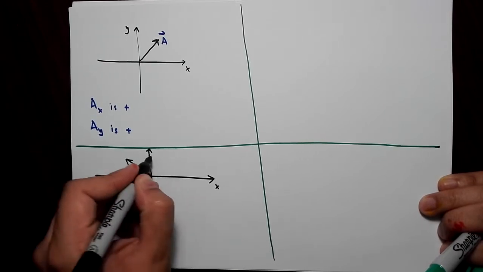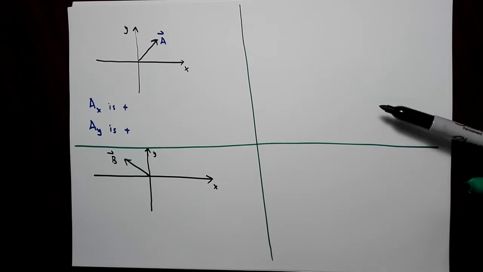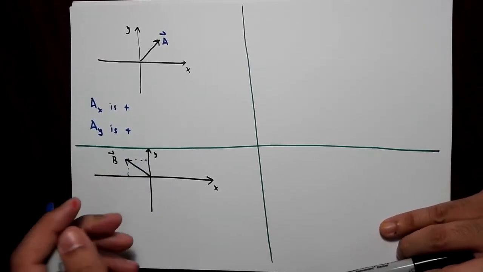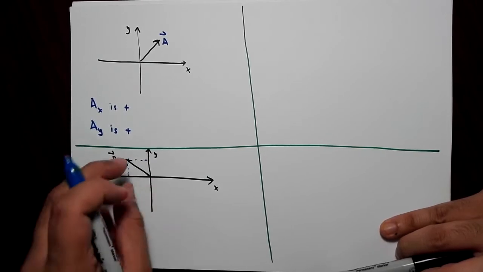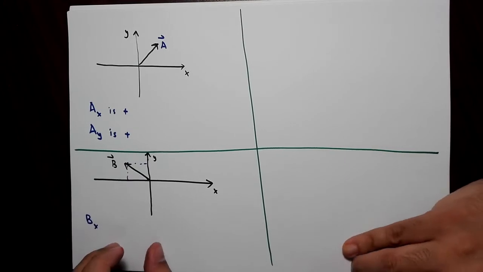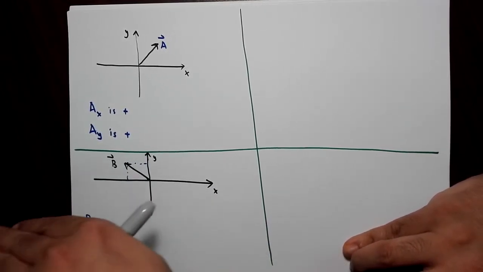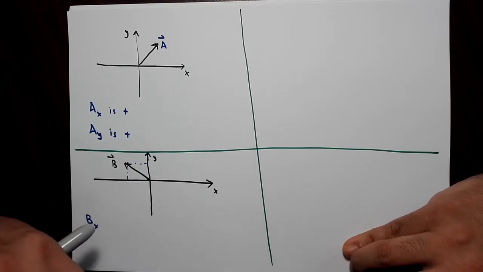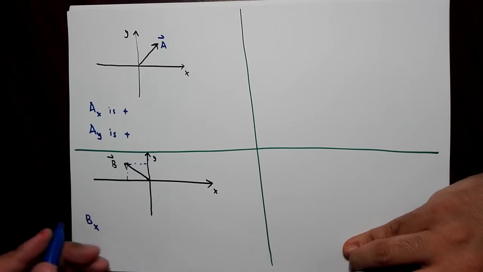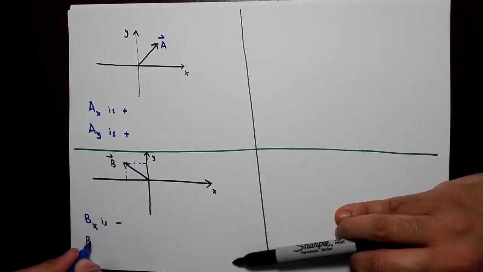So again, your x and y, and this is B. So this is its projection. Its projection on the x-axis is this, on the y-axis is this. So Bx is negative. So the convention, this is positive direction, this is negative direction. Any vector that points towards this direction or has a component that points in this direction will have a negative x component. So then Bx is negative, By is positive.